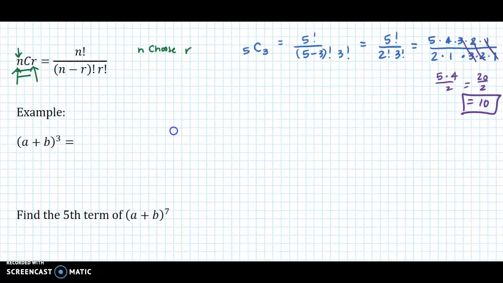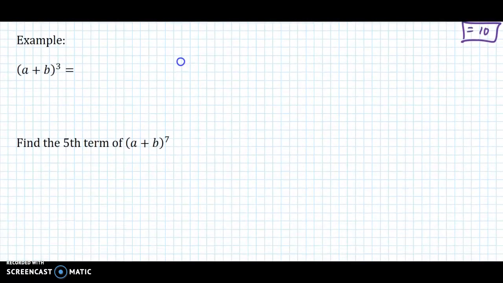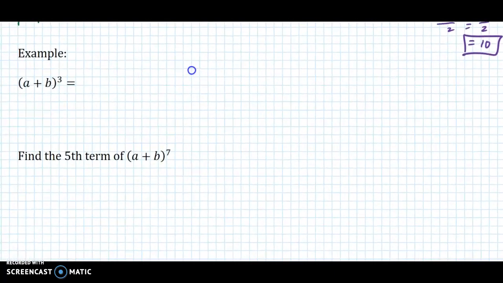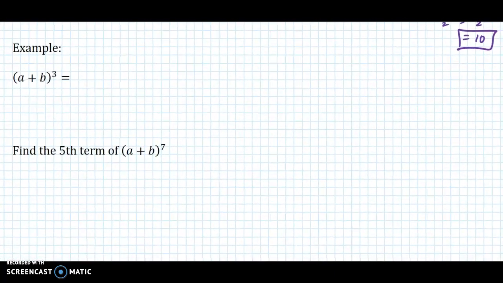So how does that lead us to our binomial expansion? Pascal's triangle is actually a set of combinations. So 3 is going to be your n. r is your other number in the set.